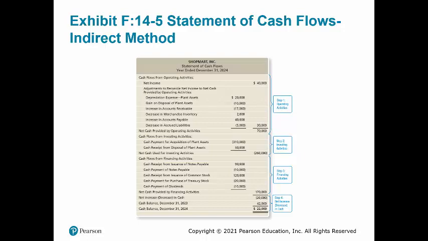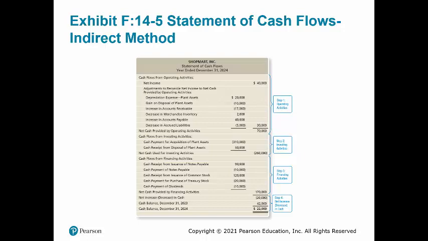We get a subtotal of all of the adjustments, and we add those to net income to determine net cash provided by operating activities. Then we will analyze the long-term assets to determine the net cash provided or used for investing activities. We will analyze our long-term liabilities and equity accounts to determine the net cash provided or used by financing activities.